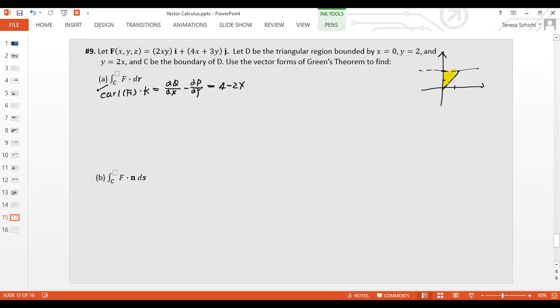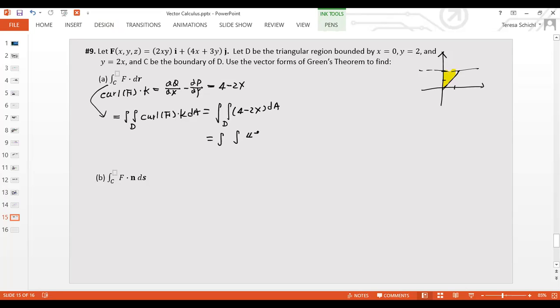So that's why we can say this is equal to the double integral of curl F dot K dA, right? So basically you just have the double integral of 4 minus 2x dA here, right?